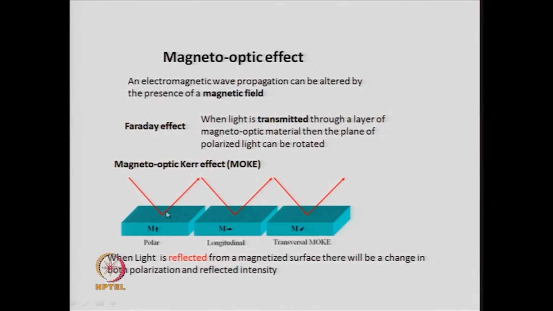In the Faraday effect, you take the beam which passes through, the transmitted beam, and you look at whether it has undergone any change in the plane of polarization or any change in the intensity of the light that is passing through the material. In this case, the light is not passing through the material, it is being reflected back, and you are looking at the reflected light, its intensity and also its plane of polarization.